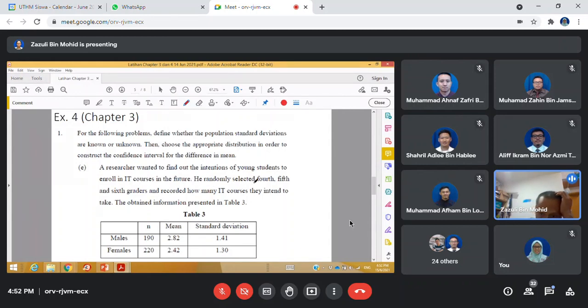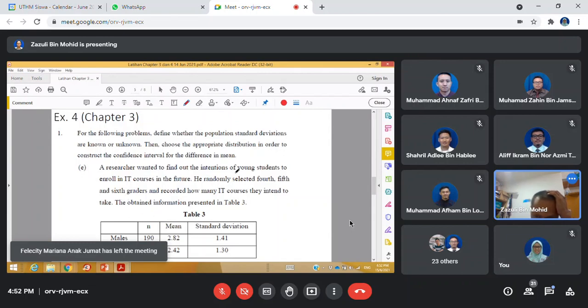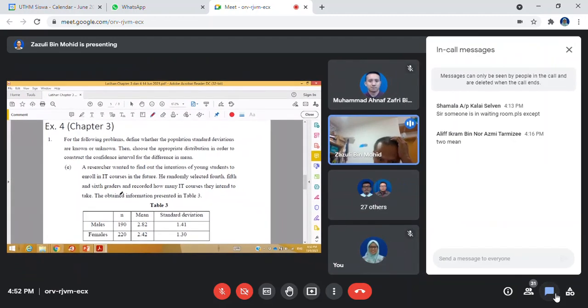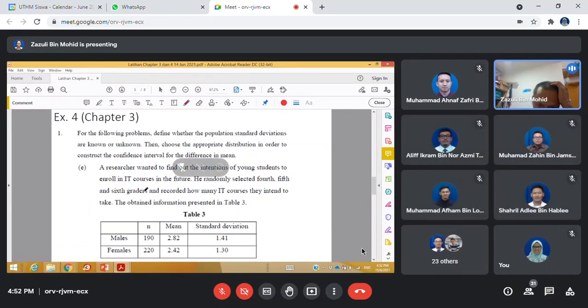He randomly selects 4th, 5th, and 6th graders and recorded how many IT courses they intend to take, from 4th, 5th, 6th grades. Ada grade 4, 5, 6. I don't know what it refers to by the grades. Never mind. We just forget it. How many IT courses they intend to take?